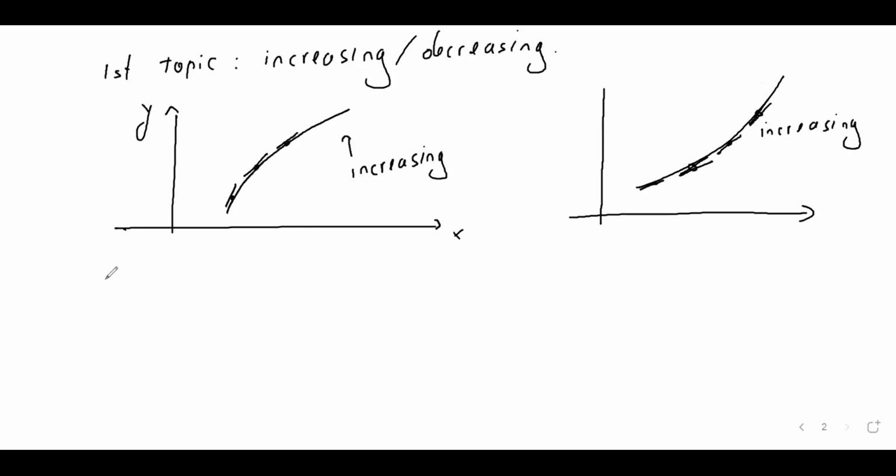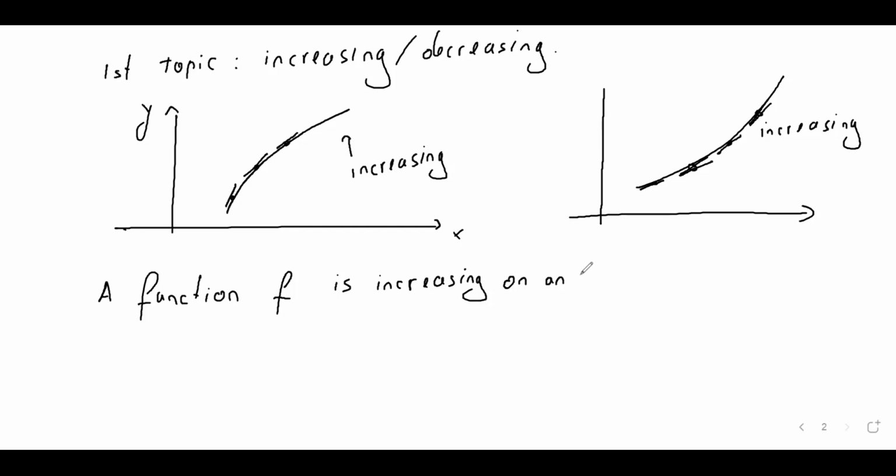So a function f, again, by a function I mean a nice function with continuous derivatives and things like that, a function f is increasing. And it's usually a notion that goes on an interval, right? So the interval may be a finite interval or an infinite interval. It doesn't matter.